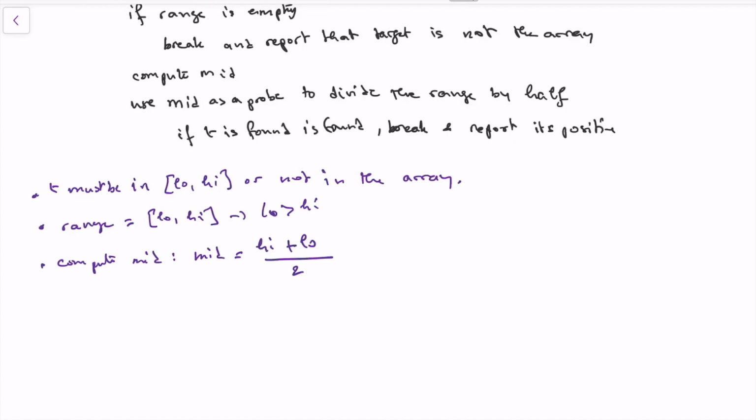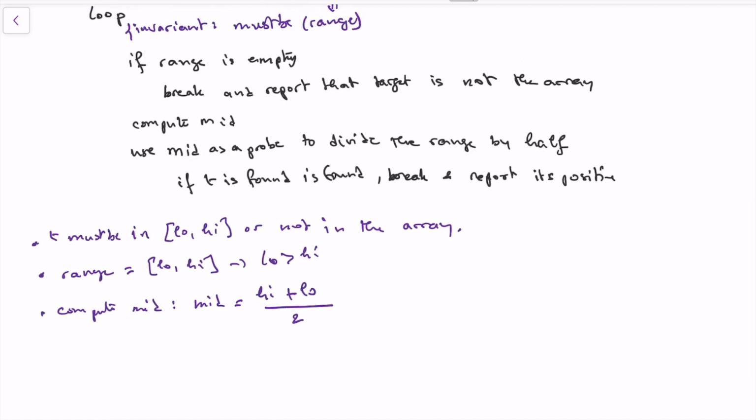Now the other part of this is use mid as a probe to divide the range by half. How can we make that concrete here? That means we need to make a decision depending on the value at mid. So if array mid is less than the target value, we are going to do something.